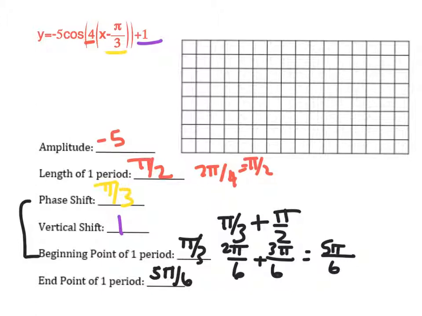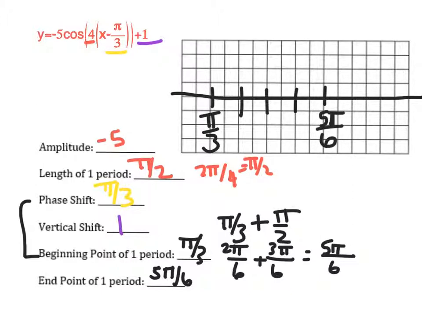So I'm going to start at pi over 3. 1, 2, 3, 4, 5 pi over 6. Now, this is pi over 3, and think of that in your head as 2 pi over 6.